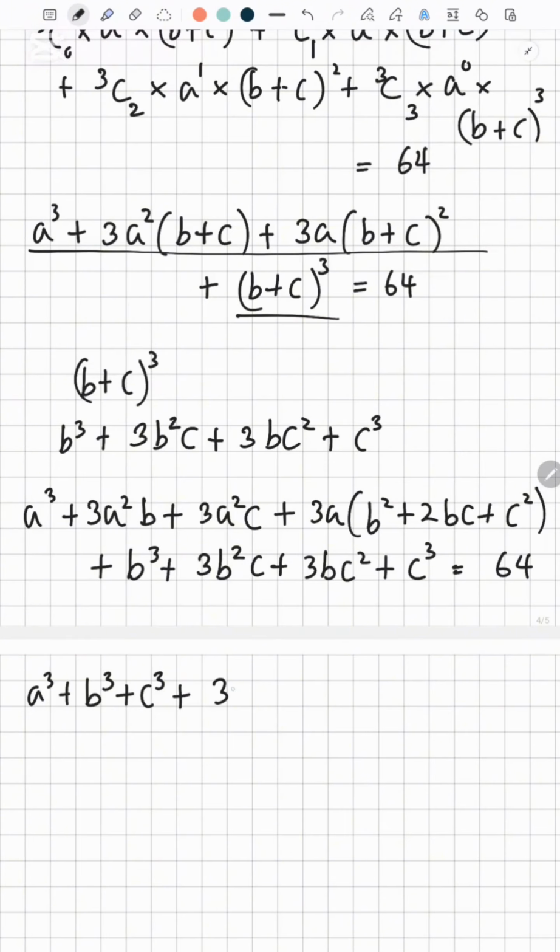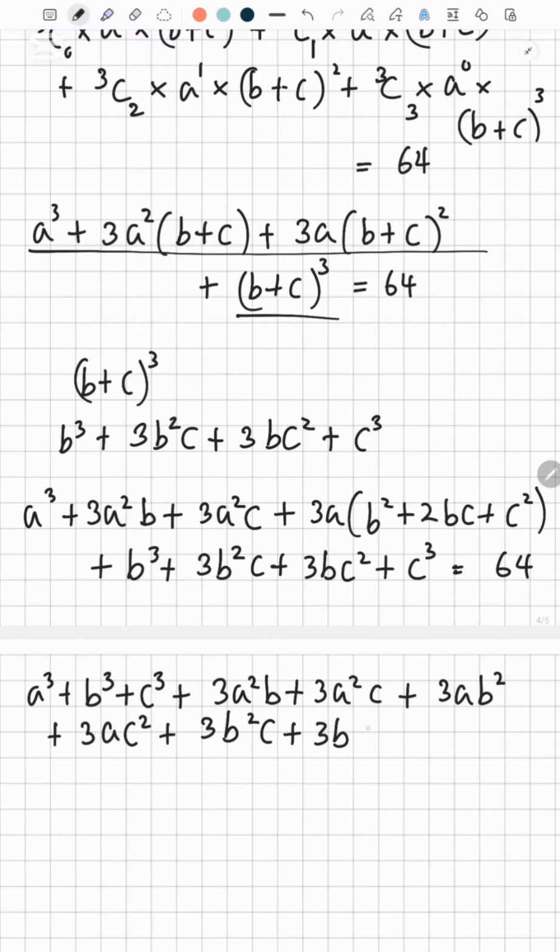And then we can write 3a squared b plus 3a squared c plus 3ab squared plus 3ac squared plus 3b squared c plus 3bc squared. Plus, so we had 3a into 2bc, right? I'm just writing that in the end. 6abc equals 64.